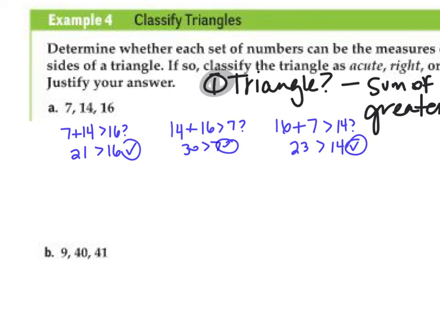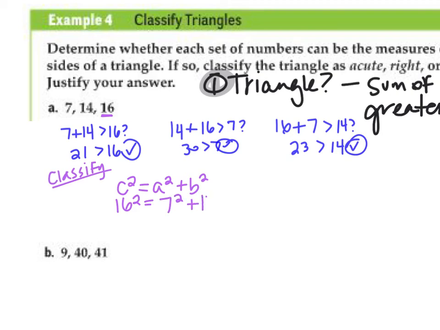So now let's check what kind of triangle we have. To classify, we need to compare our longest side length, our hypotenuse, and figure out whether its square is greater than, equal to, or less than the sum of the squares of the other two sides. Our hypotenuse is always the longest side, and then we have 7 squared plus 14 squared.